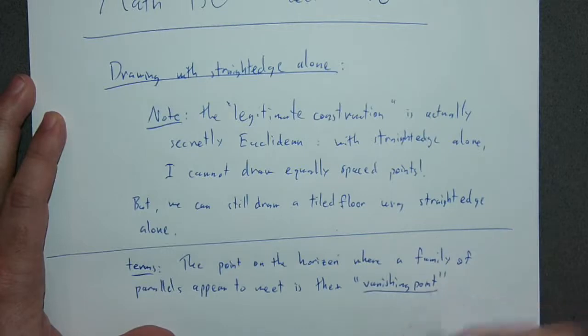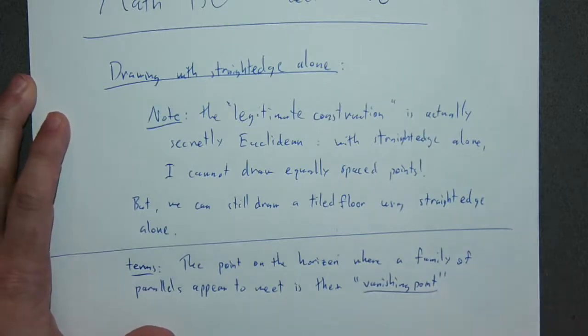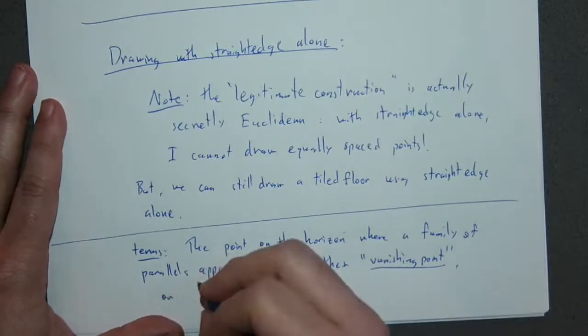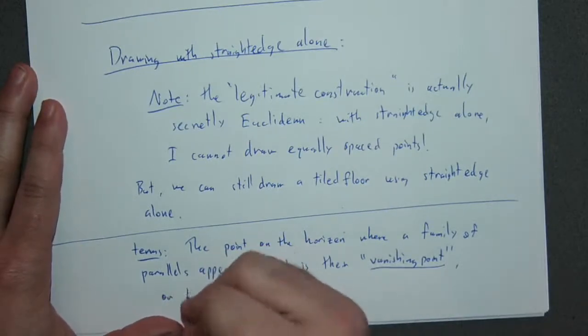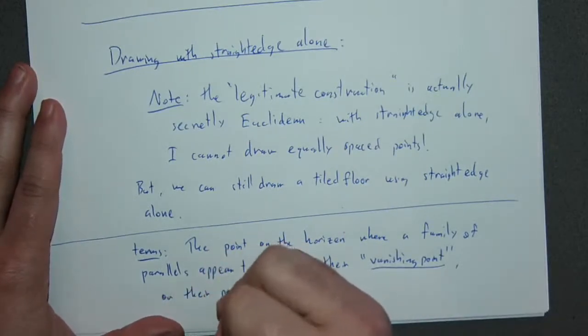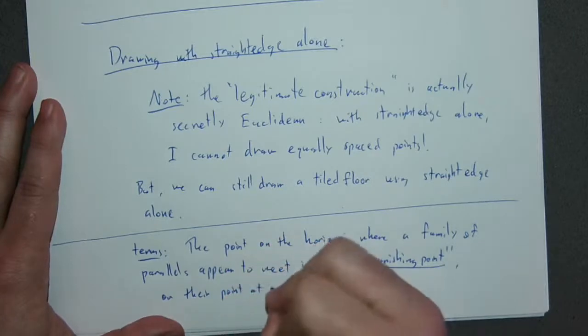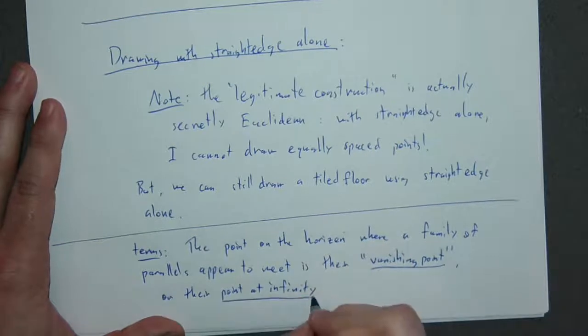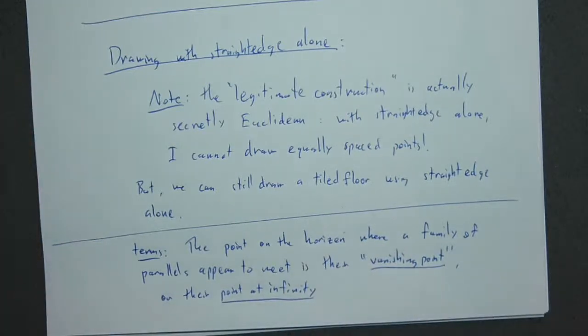This is an art term. The math term is their point at infinity. This is the term that we're going to be using, and you'll see why we do this.